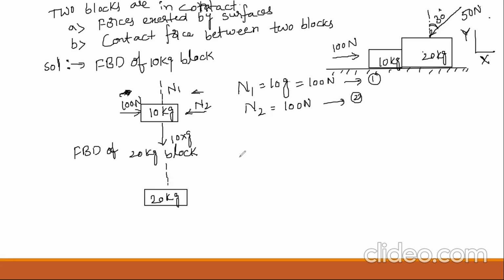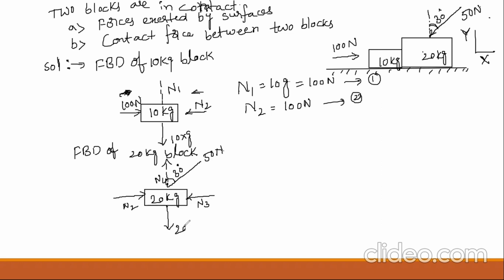Because we had N1 and N2, let us take N3 acting on this side. And you take this as N4, and N4 makes an angle of 30 degrees with the 50 N force. Now on this side, no doubt, N2 is acting. And what is the downward force which is acting?